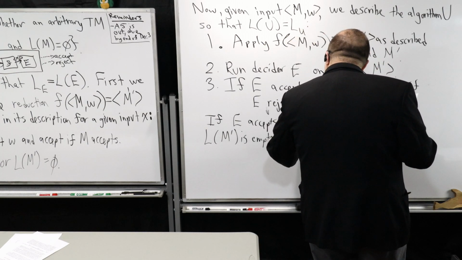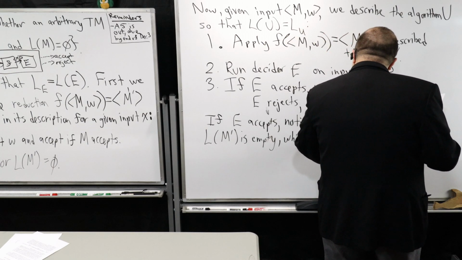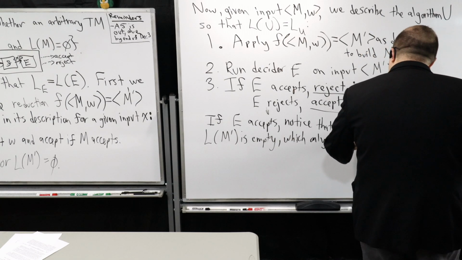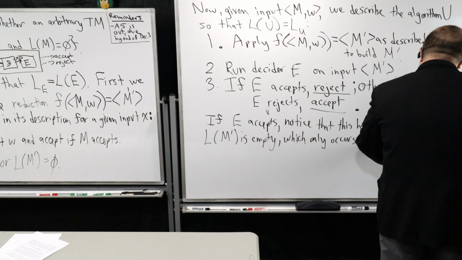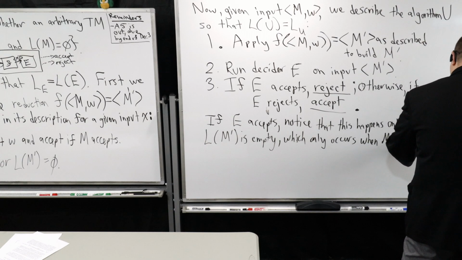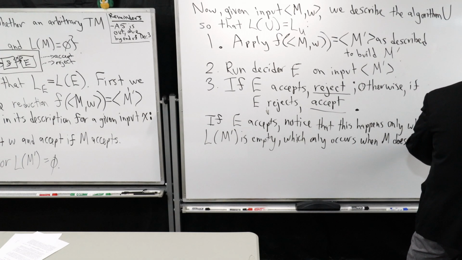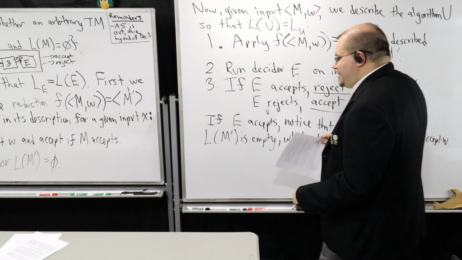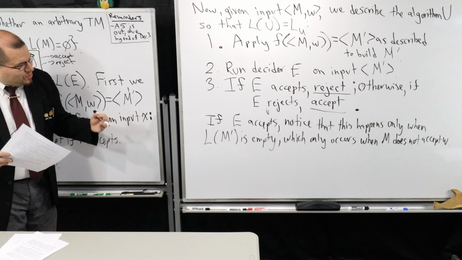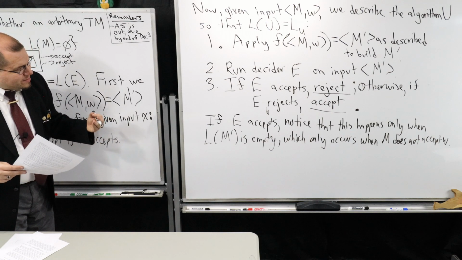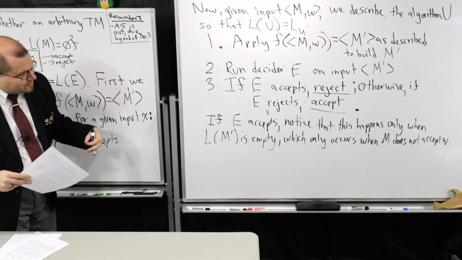Which only occurs when M does not accept W. So that's the first possibility. So that's why I'm okay when E accepts like this, I reject.